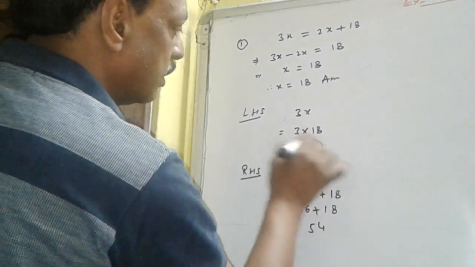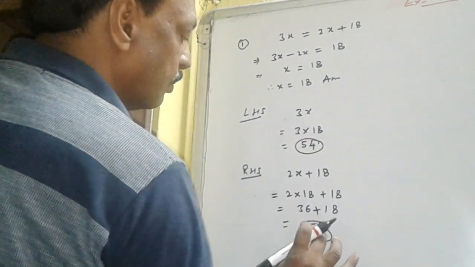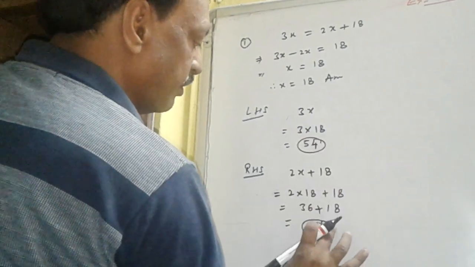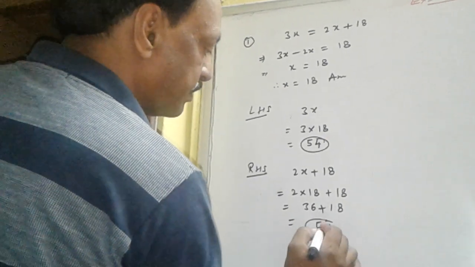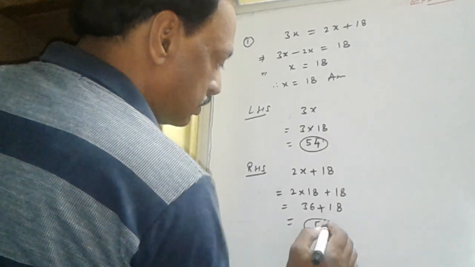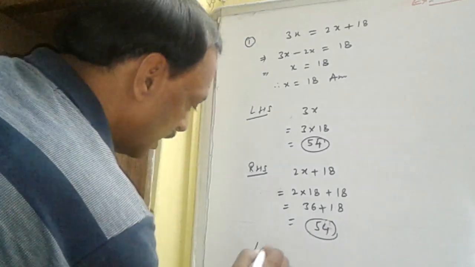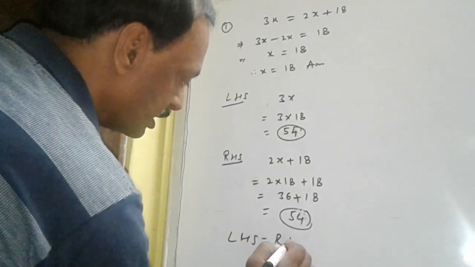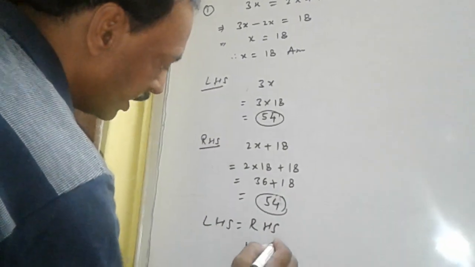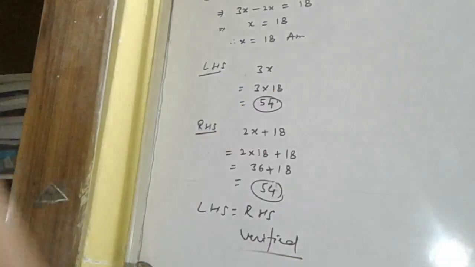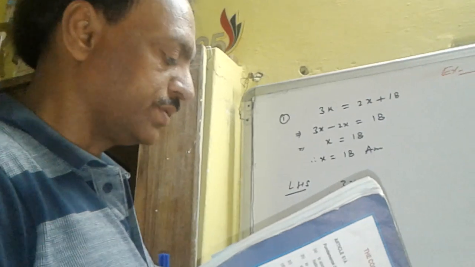So 54 and 54. If both parts are equal, then we can say that the result has been verified. So just write LHS equal to RHS and verified. So this is the way to solve the question. Let us take more questions here.